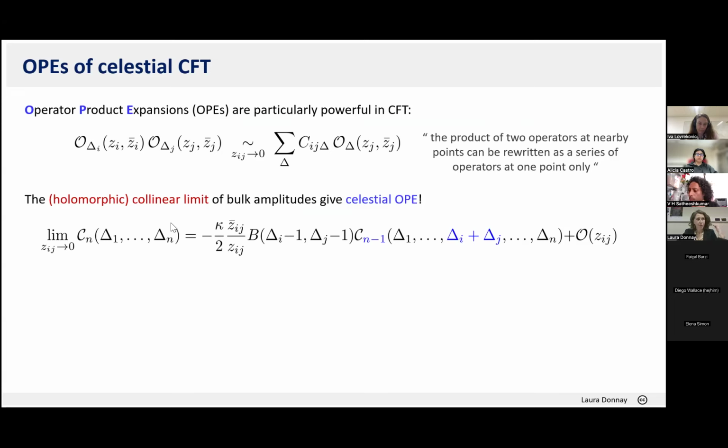And the second part of the answer is that we're going to see why these OPEs that come from this holomorphic singularity, or anti-holomorphic. Of course, you could do everything for the anti-holomorphic, right? Set Z bar ij to 0 while keeping Zij fixed.